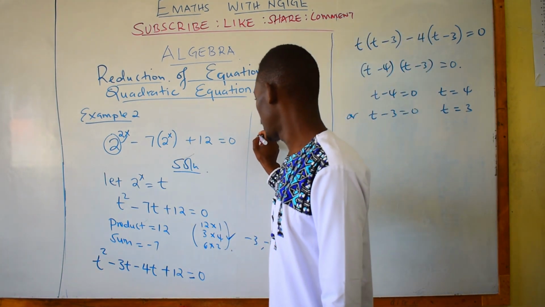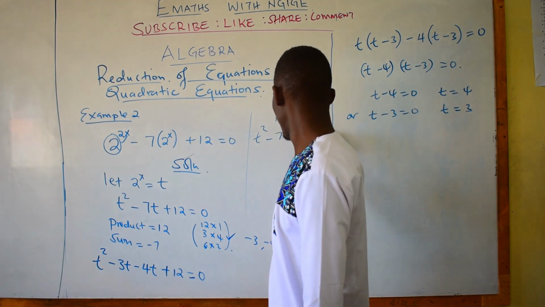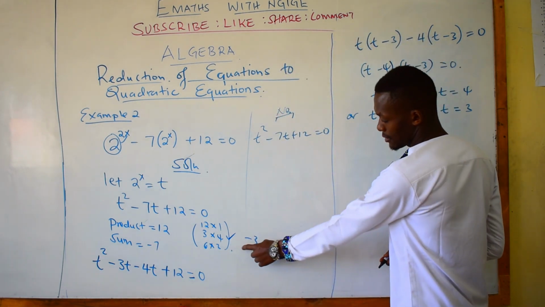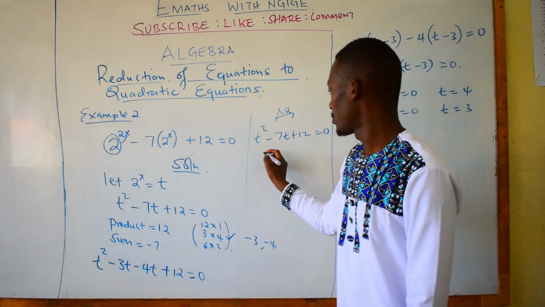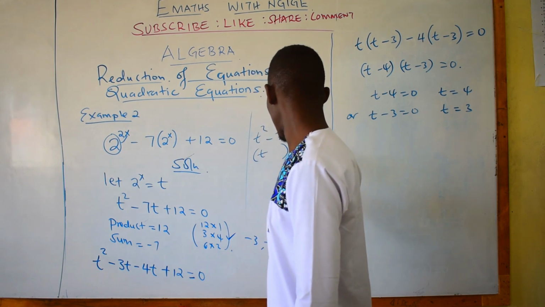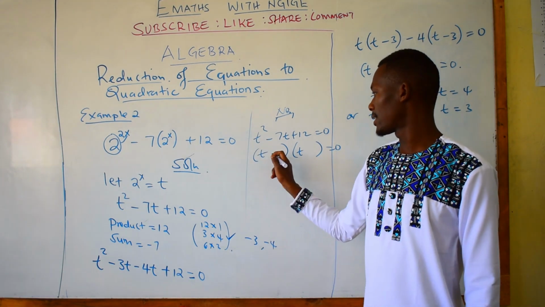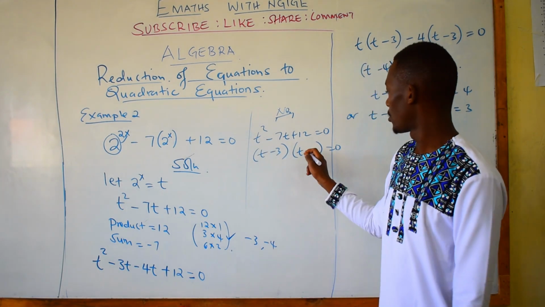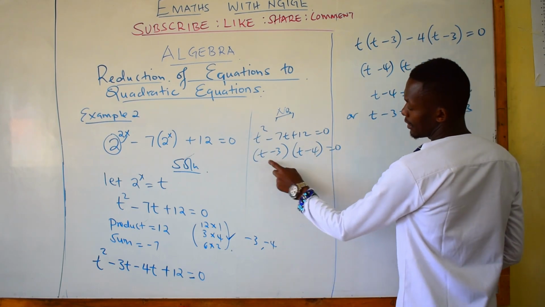If you have t squared minus 7t plus 12 equals 0, and you have found your two terms, just write t. So you have your t, and the second term will always be t equals 0. Therefore, your first one is negative 3 and negative 4. You just put the two factors here.